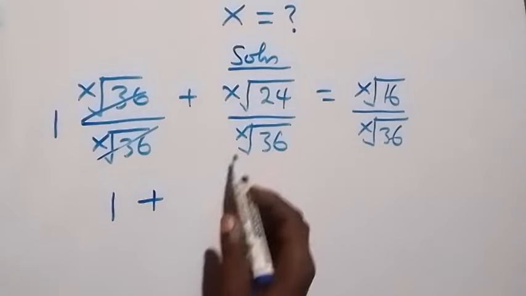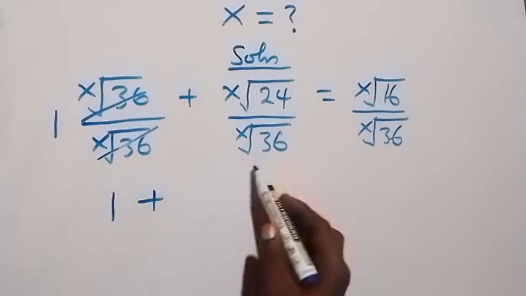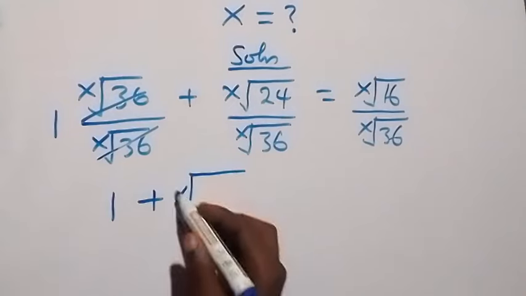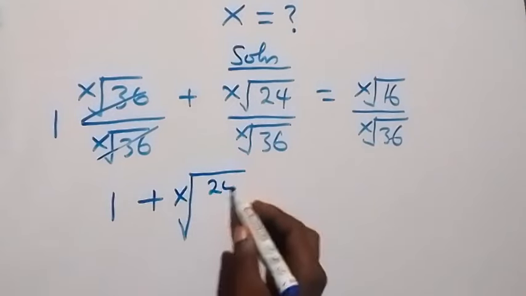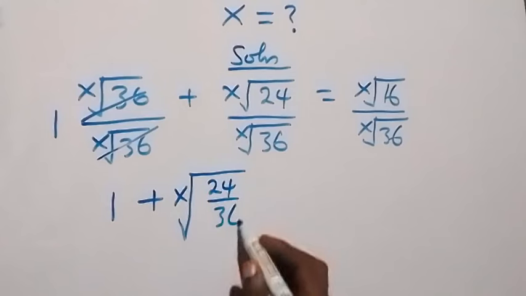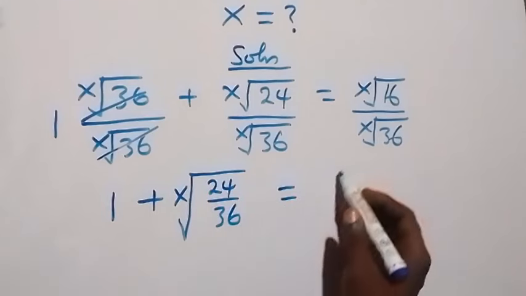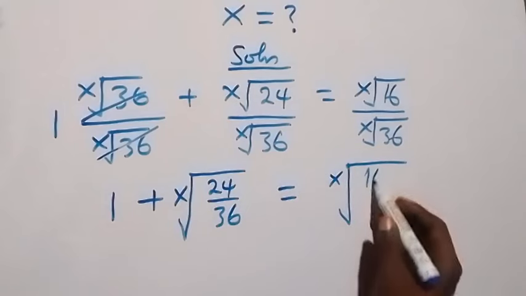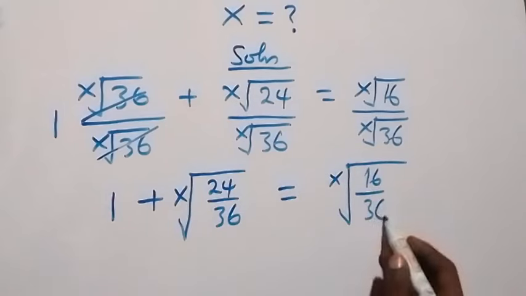Since we have both having x-th root, we can put it under the same x-th root, and that will be 24 over 36 inside. Then also from here we have x-th root of 16 over 36.